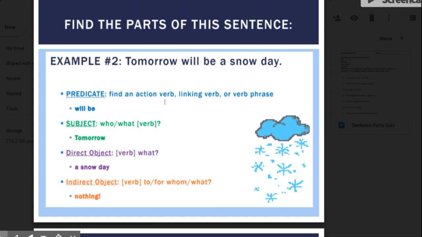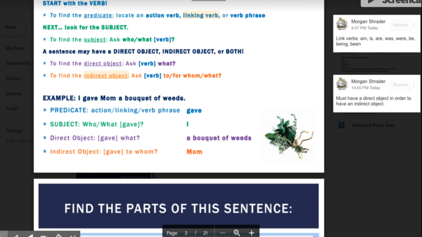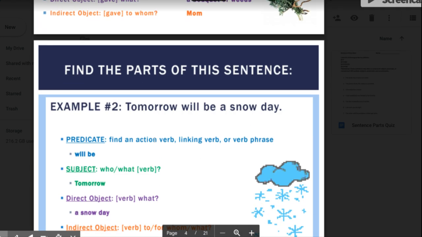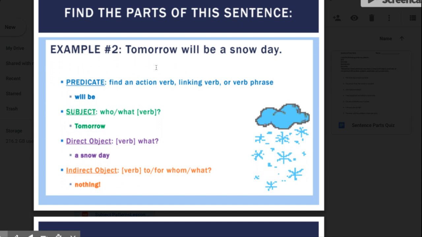First of all, we want to start with the predicate. Remember, start with the verb, start with the verb, start with the verb. What's the verb? Tomorrow will be a snow day. Will be is my verb. When I'm looking for the predicate, I found the verb, it's will be. Then I ask myself, who or what will be? Tomorrow will be. Tomorrow is my subject.